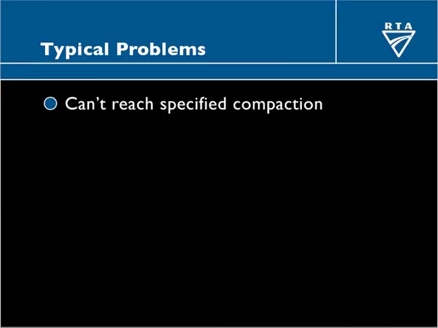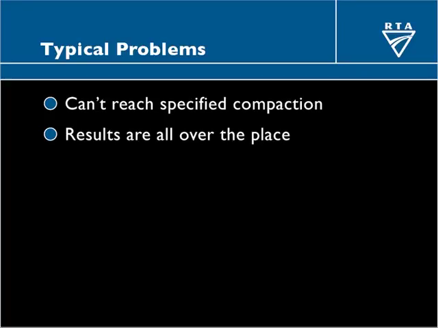Now that can mean uniformly you can't, or it can mean that the results are all over the place and that while you're mostly getting it, there's sufficient variation that the Q value doesn't come in. It can even happen that it's fairly uniform and some are extremely high, and that takes the Q value out even though no individual results have failed. That's a result of lack of uniformity.